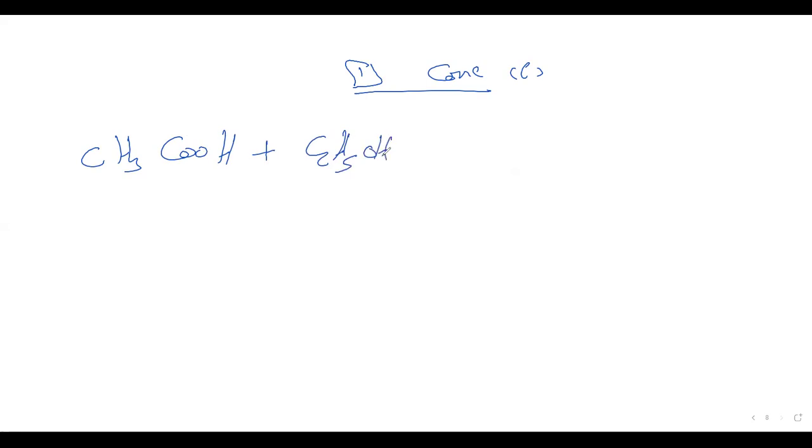Number one, concentration. Concentration for liquids, like if we have CH3COOH plus C2H5OH, forming CH3COOC2H5 plus H2O.